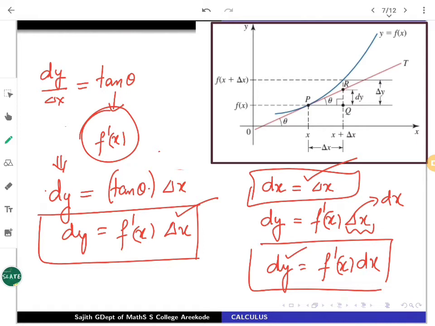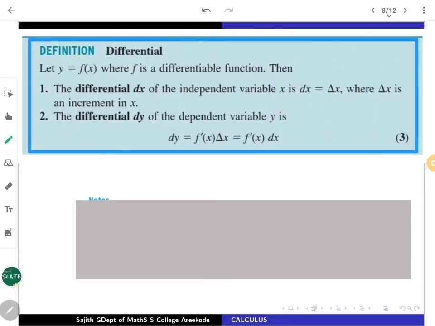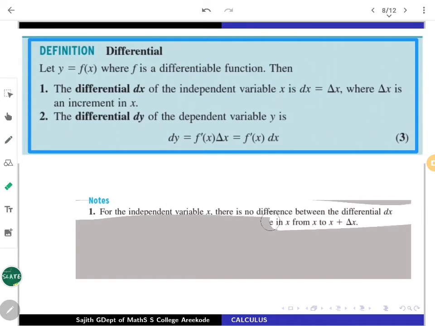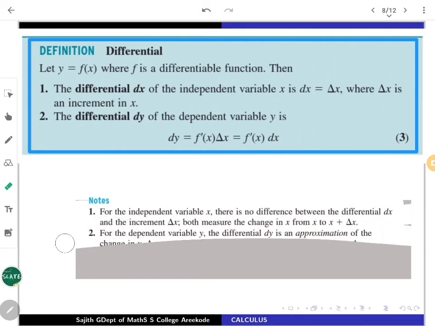Moreover, dy is a very good approximation for the change in y, that is, the corresponding delta y you can look at. So these things we can formally write down, and the notes will also be useful, which I have already stated.